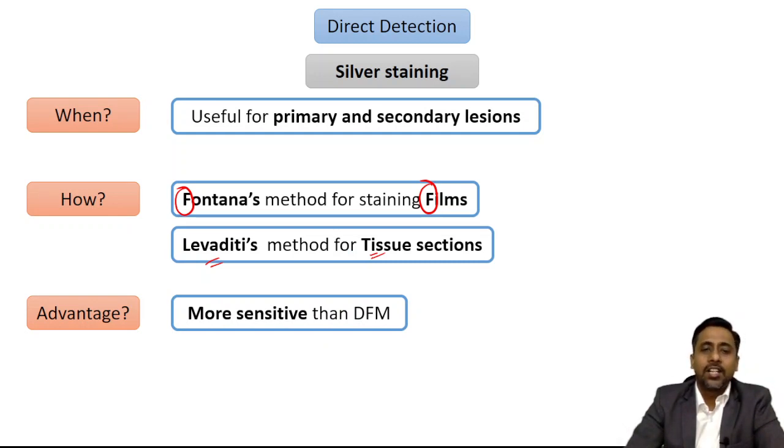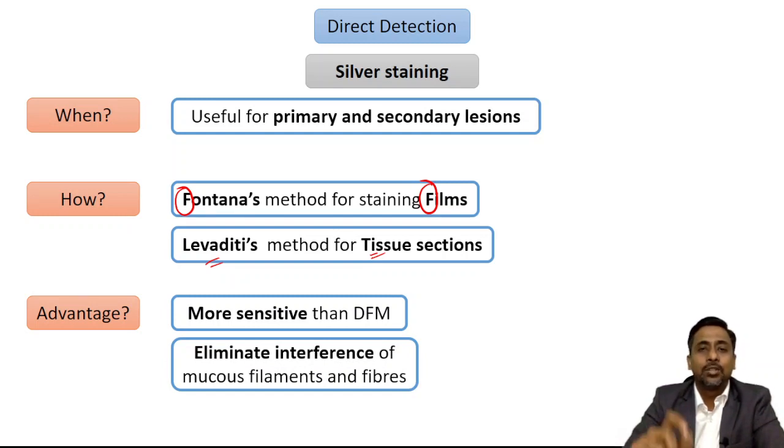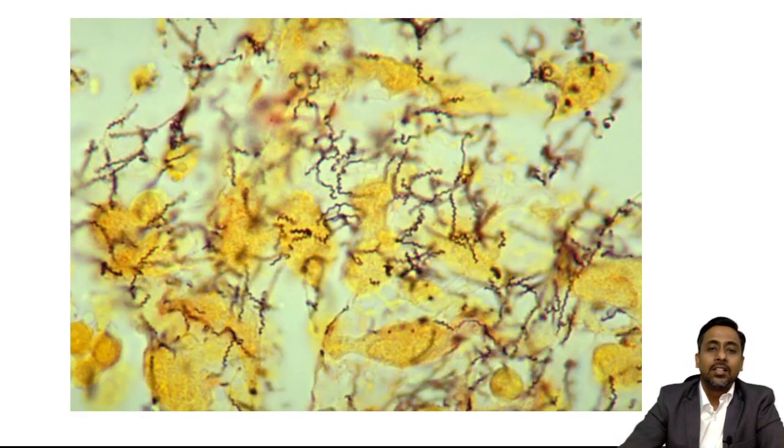So this is an advantage of silver staining over DFM. And how? Because it eliminates interference of mucous filaments and fibers present in the exudate or the lesion. So that is why it is more sensitive. So you can see in this image, these darker stained thin coiled structures are Treponema pallidum.